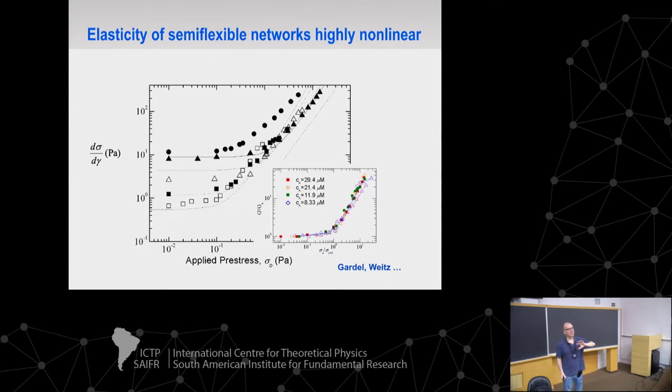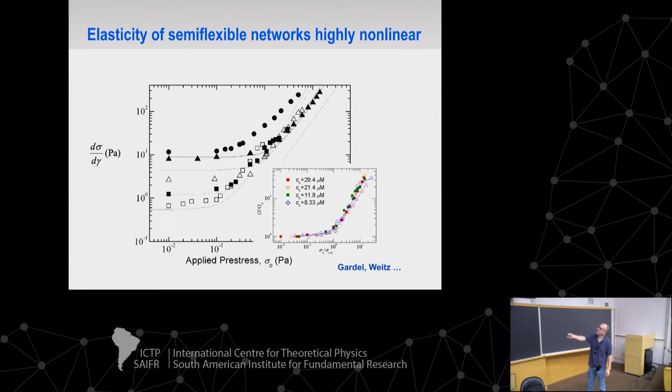It's more interesting to talk about the derivative of stress with strain. In other words, you take the stress as a function of strain and take its derivative. That's what's known as the tangent modulus, not the shear modulus, but it's basically the same idea. It's a local stiffness: straining a system and, at that level of strain, asking what the resistance is to a further small deformation.